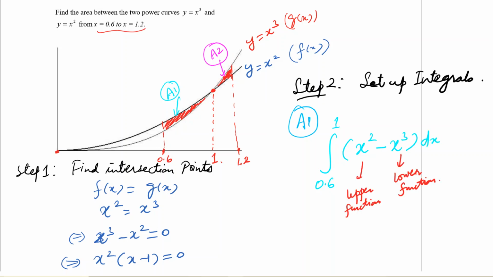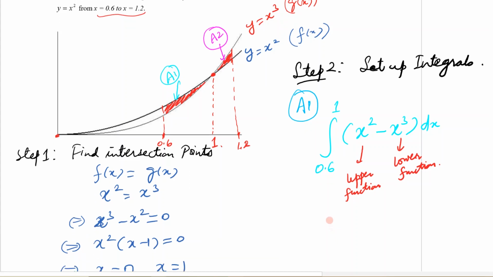We notice that in the interval 0.6 to 1, x square is the upper function. So we're going to find all the area under x square and subtract the area under x cube. That's why we do upper function minus lower function. And then we evaluate this integral.